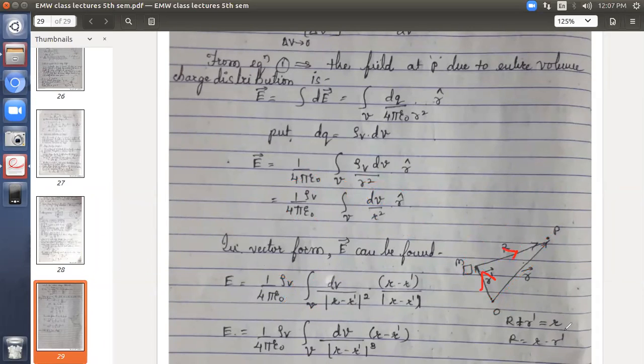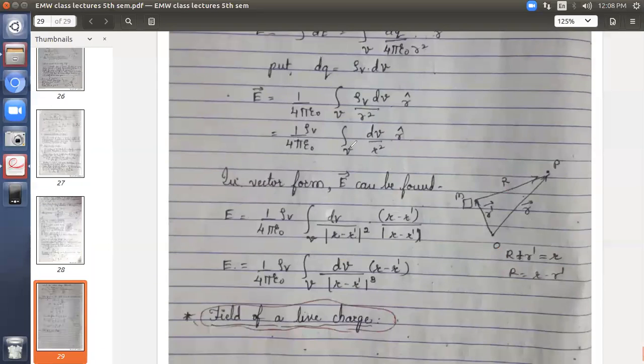This plus this is equal to R, or capital R is equal to R minus R dash. I have substituted that. This R square is the magnitude, and the unit vector is the position vector divided by its magnitude, and magnitude 2 and magnitude 1 I have clubbed together. This is the electric field intensity due to volume charge distribution in vector form.